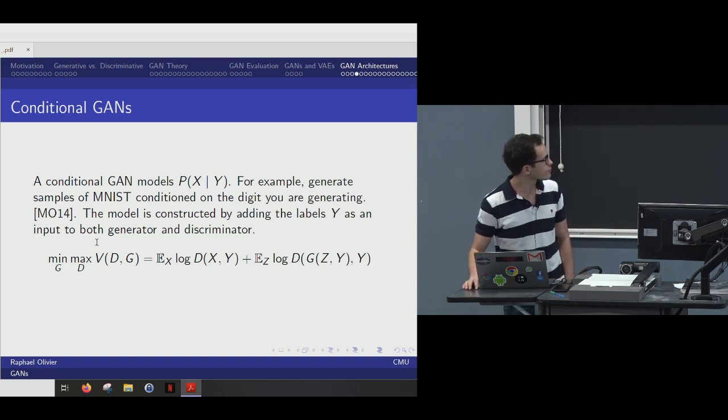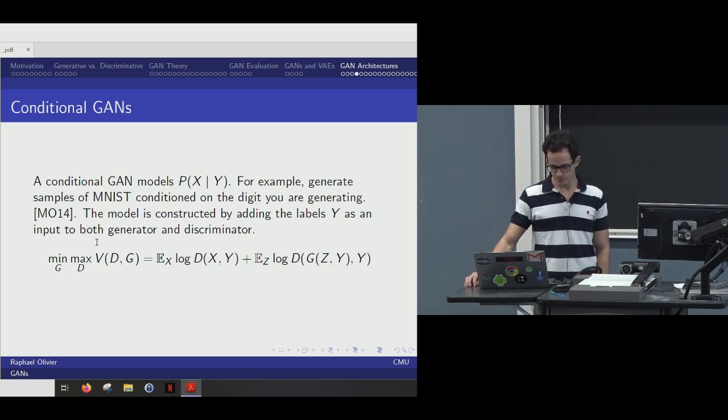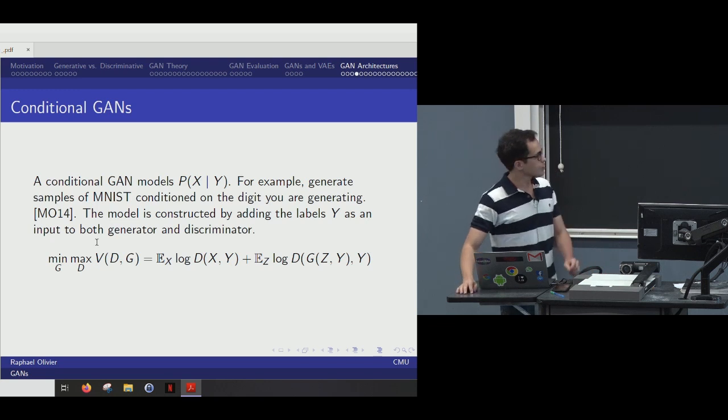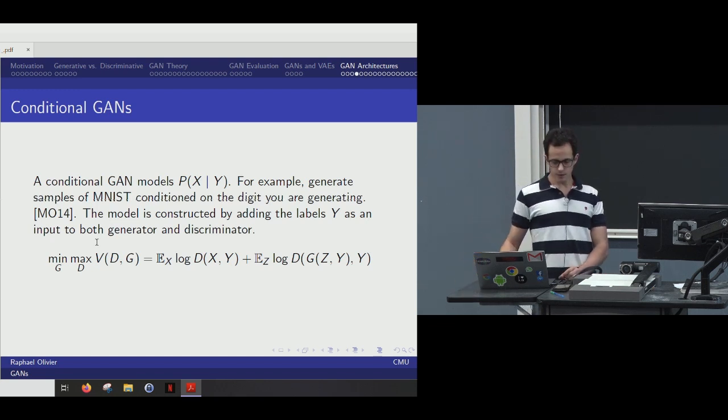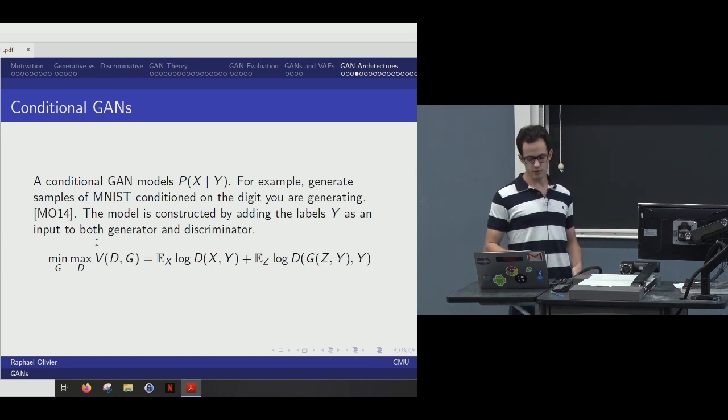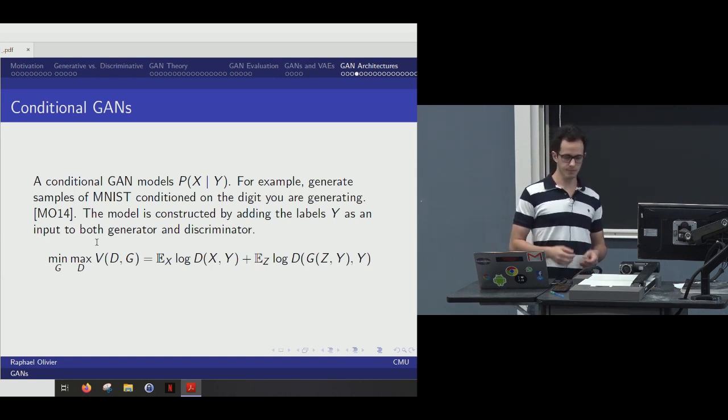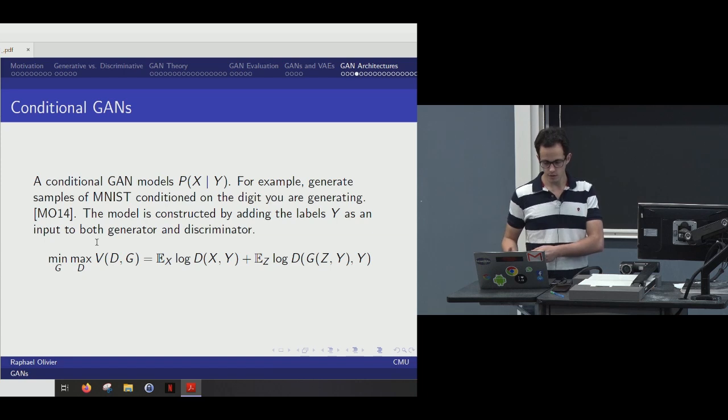All right, so here's the first variation. Conditional GANs. It's pretty straightforward. It means that you're not only trying to draw samples from P of x, but if x goes along with a label y, you're drawing samples conditioned on y.